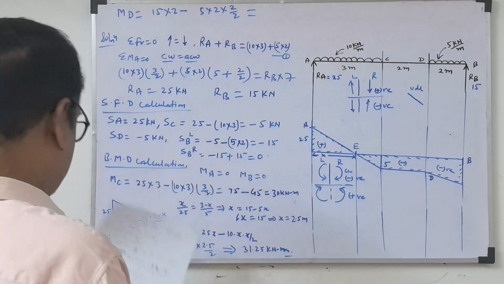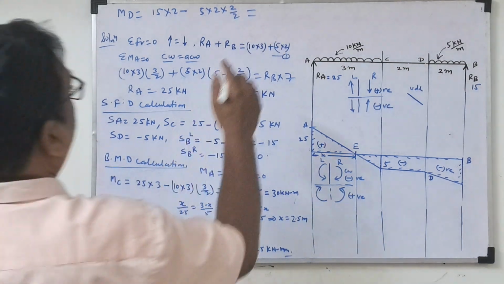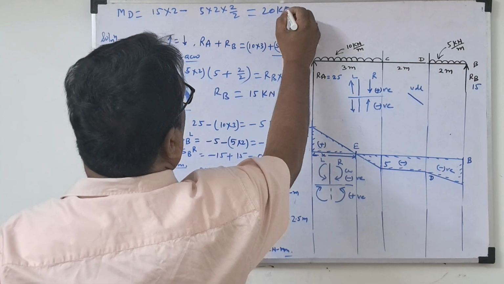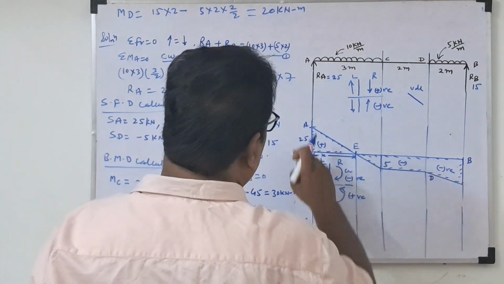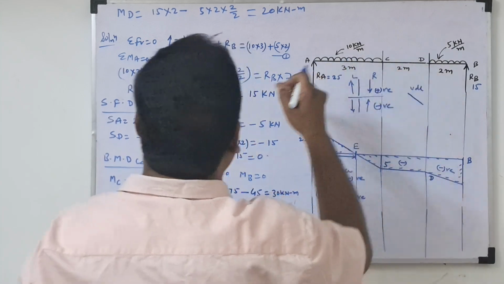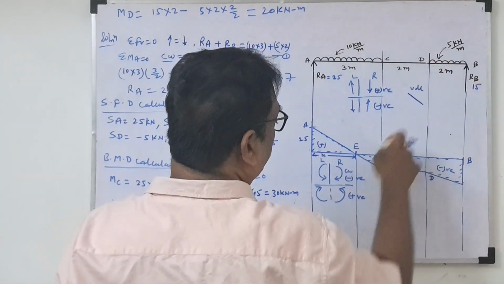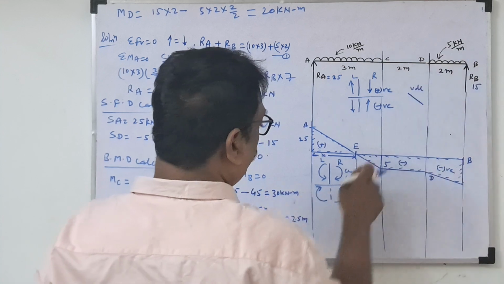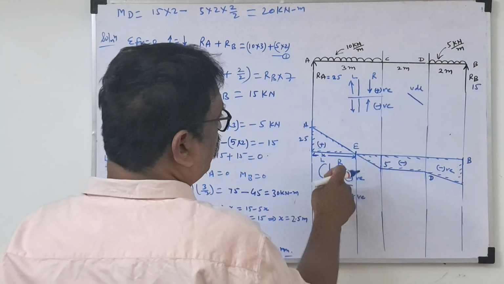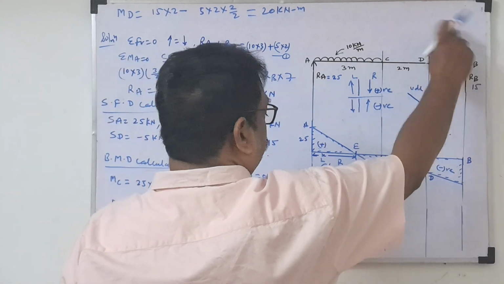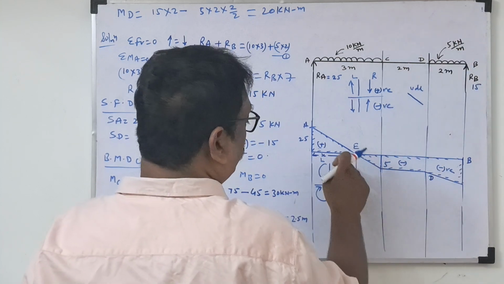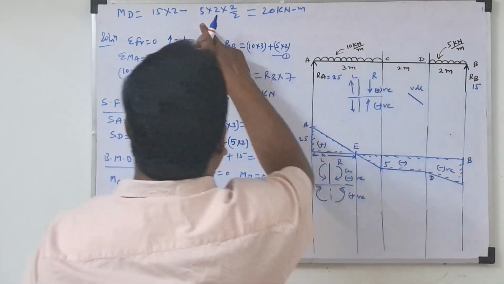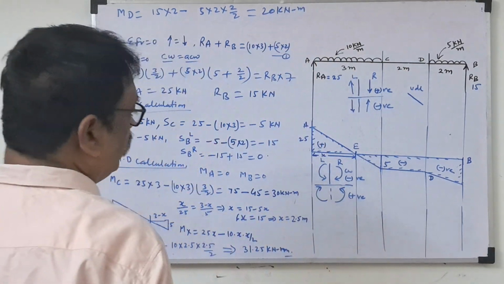So how much is coming? It's coming 20 kilonewton meter. So this MD, you can take this side also, but this side is a little long calculation. So right side, 15 going anti-clockwise is positive, then clockwise is negative. So 20 kilonewton meter MD we got.